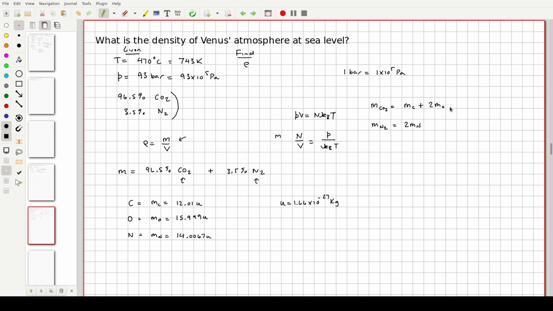So if I add these up, it's 12.01 U plus 2 times 15.999 U. If you put this into your calculator, I get about 44.008 U. Now, for nitrogen, that's going to be 2 times 14.0067, which is 28.0134 U.